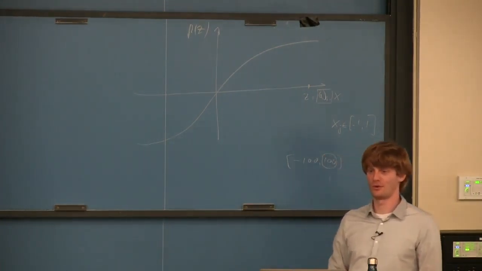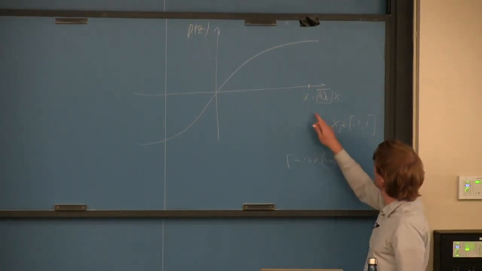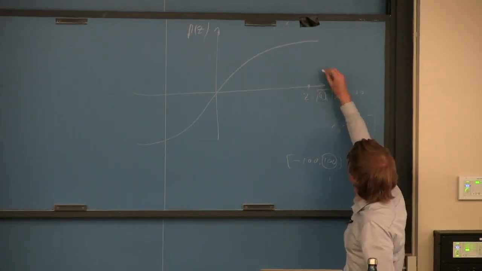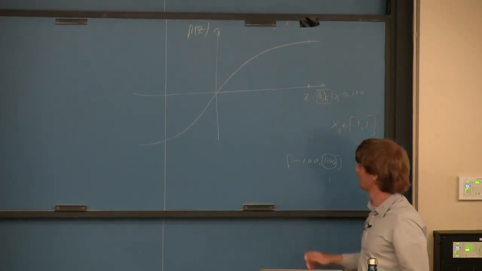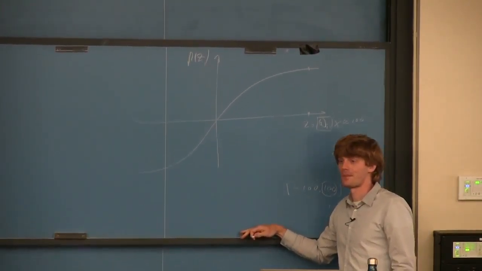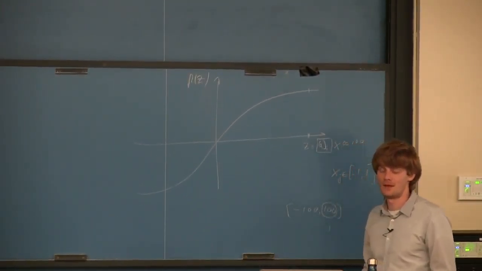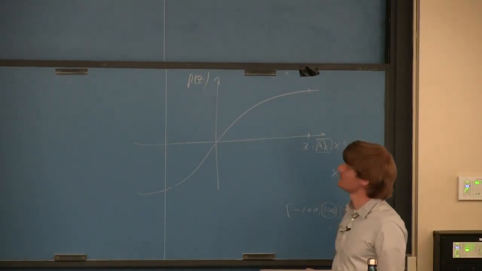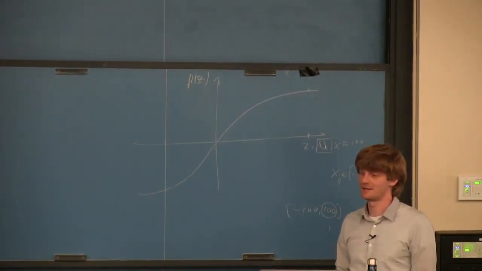It's not usually what word vectors look like, but let's say our z here is roughly 100, and we end up in this part of our nonlinearity. What will happen to the derivative? What does the derivative look like in that case?